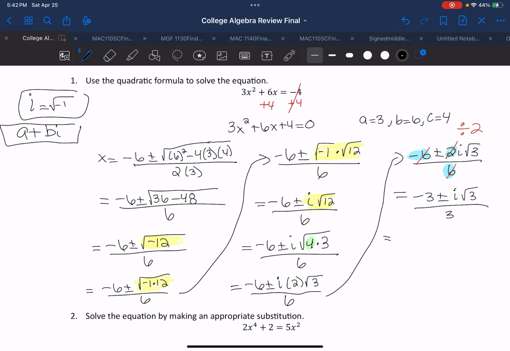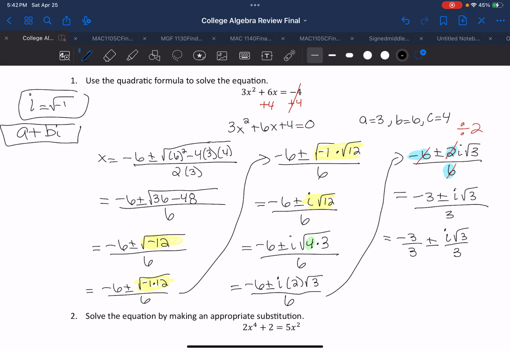So this would be negative 3 divided by 3 plus or minus i square root of 3 divided by 3.